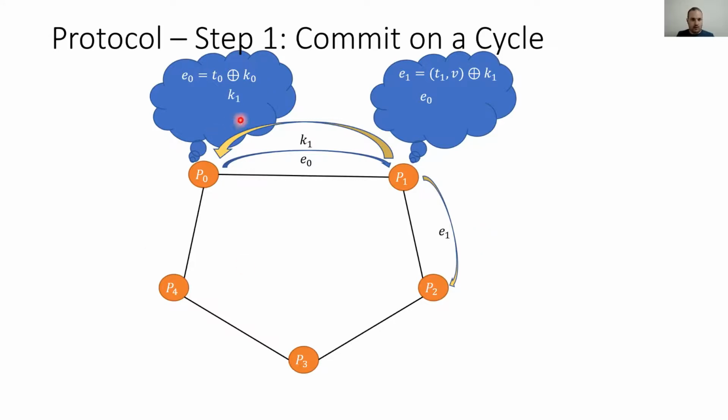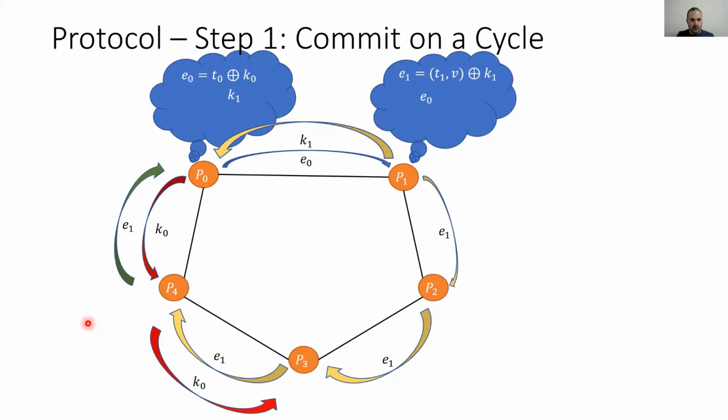Player 0 gets the key and sends his key to player 4. Player 4 waits to receive the encrypted data of player 1 and sends the key and the data to the other players.